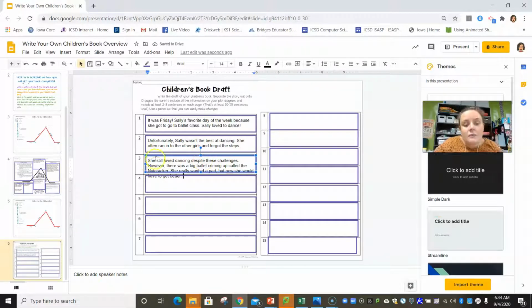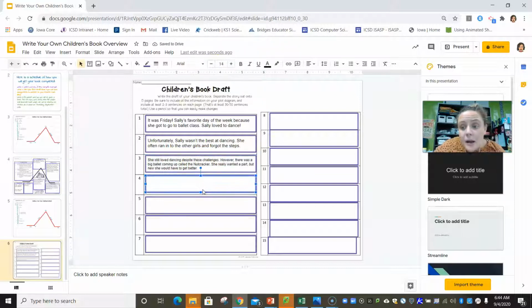So now, if you wrote too much in these boxes and there's not enough room, you can highlight them and you can come up and change the size. So I changed it to 11. Now it all fits. Now the problem's been introduced. So now I'm going to go into talking about how Sally tries to solve the problem but is unsuccessful.